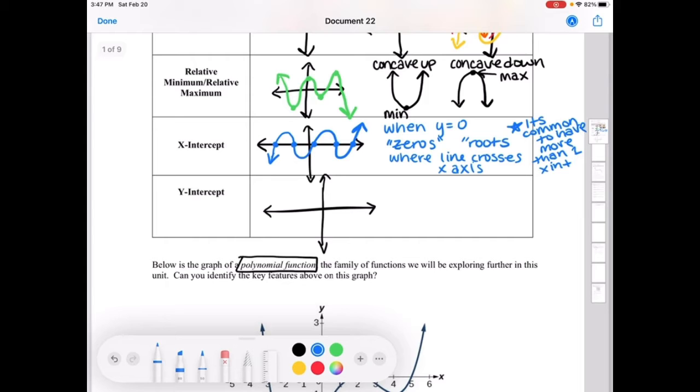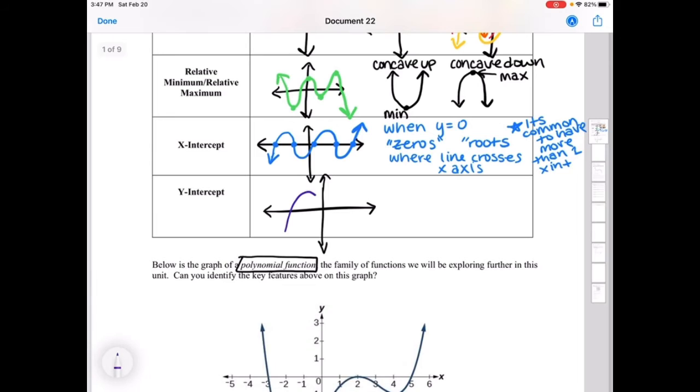Same thing for the y-axis. Let's use purple and do an example. Let's do this. Right here where it crosses the y-axis, this is when x is equal to 0.